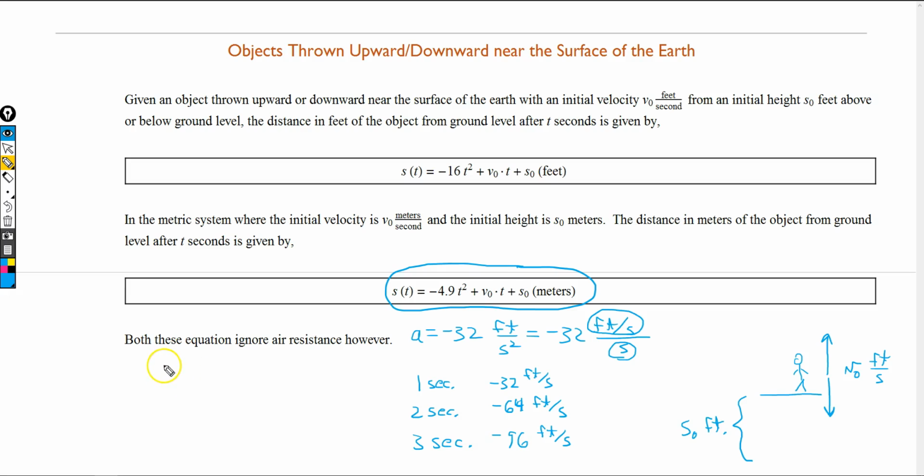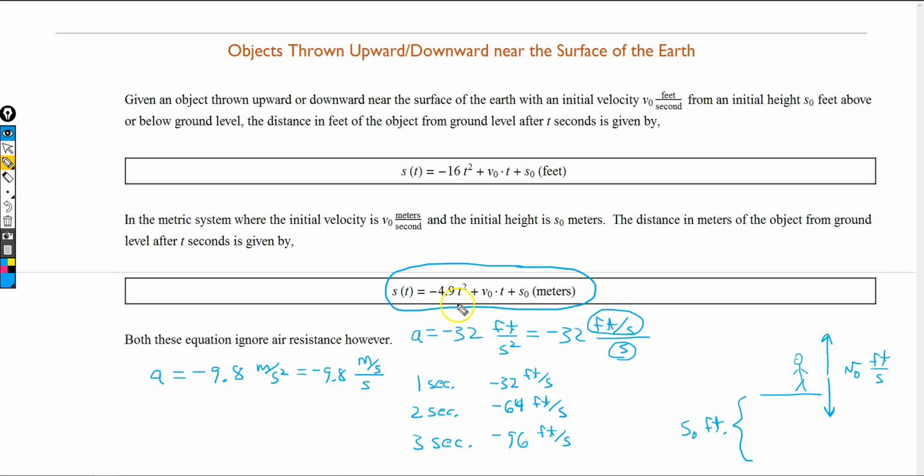Well, near the surface of the Earth in the metric system, acceleration is negative 9.8 meters per second squared, and 4.9 is half of 9.8.